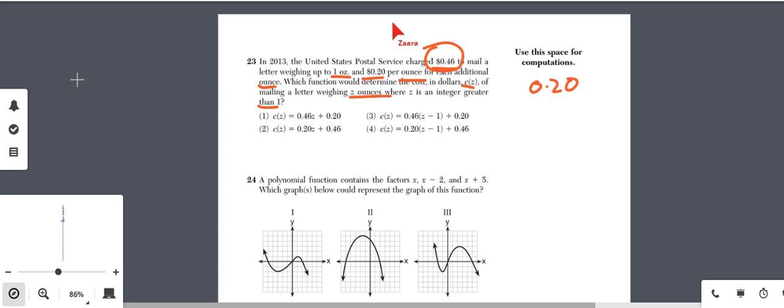What is z? z is an integer greater than 1. Because it is greater than 1, I will subtract 1 from it, because we have to start with the rate for 1. That can be obtained if we subtract 1 from this, plus the fixed cost, which is $0.46. So option 2 is correct, with the subtract 1.